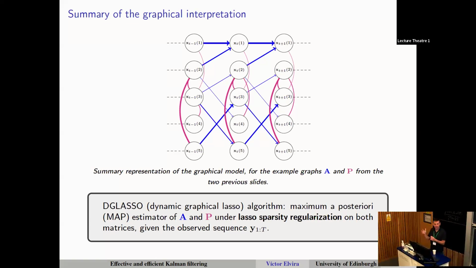Even if you have this example with 5 dimensions in the latent state, the matrix A is going to be 5 times 5, 25 coefficients you need to estimate. And the covariance is also 25, but you know it's symmetric, so it's less, but still you have 30-something coefficients. So imagine when you grow the dimension of the latent state a bit more, the number of coefficients you need to estimate in model parameter estimation is high.